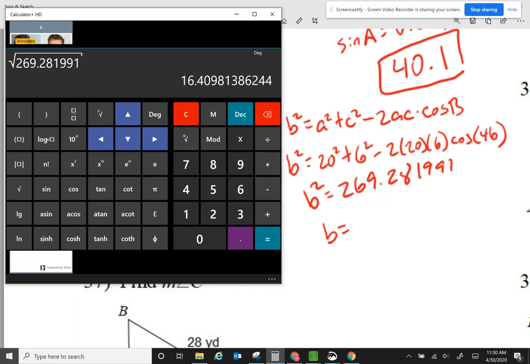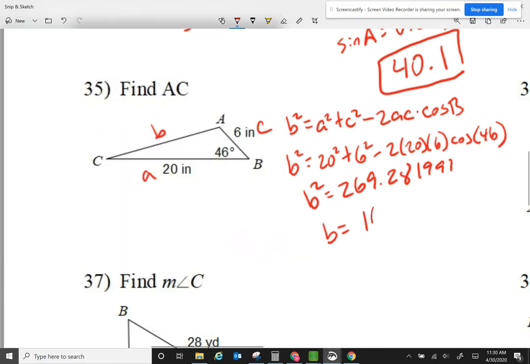It says 16.40, rounded to one decimal place, 16.4. Now, if I look at what I'm solving for, it says find AC, the distance between A and C. Isn't that little b? So good, I'm done. 16.4.